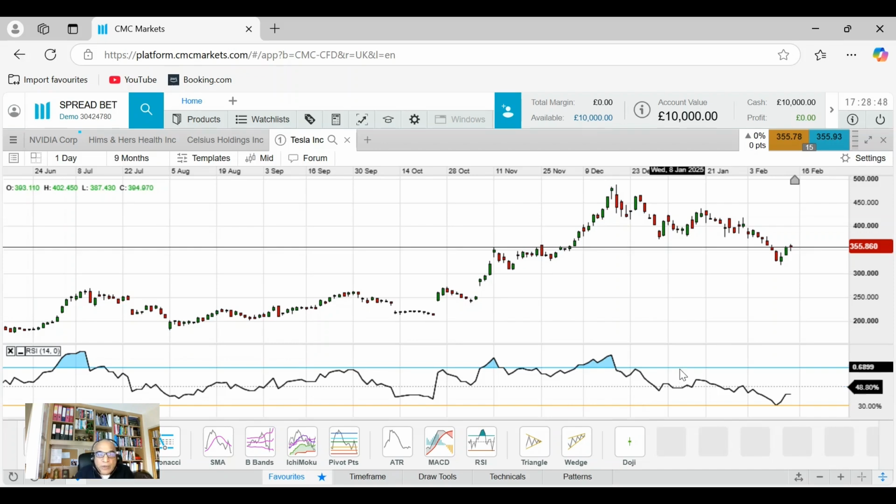But the key point here is that if the graph of RSI goes above 70 or 80, if you want to use 80, then it is in overbought territory and you might want to start taking some profits. And if it goes below 30 or 20, as the case may be, then it is in oversold category. Then you might want to either start a new position or want to add to your existing position. So that is one way of using RSI.